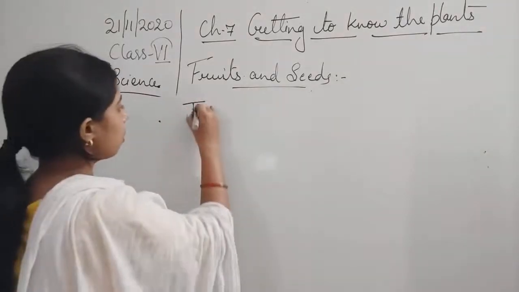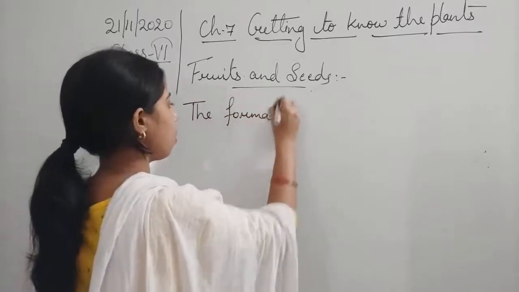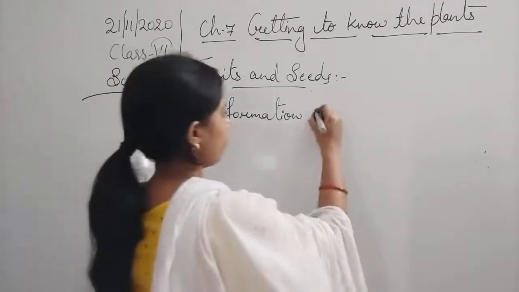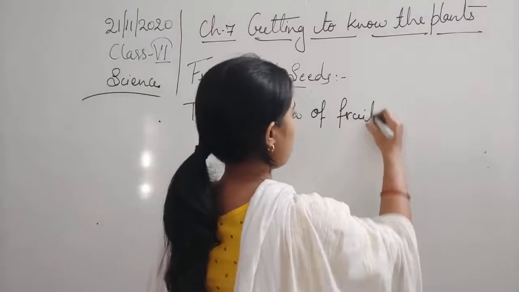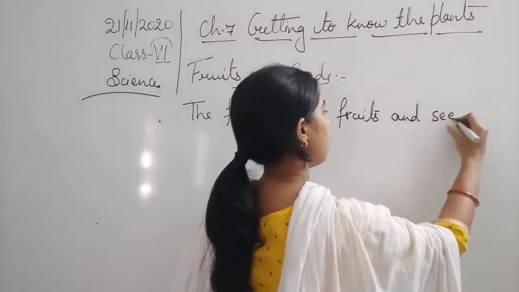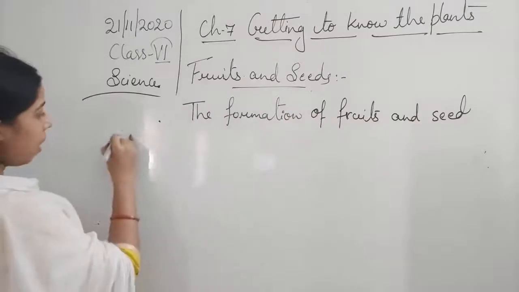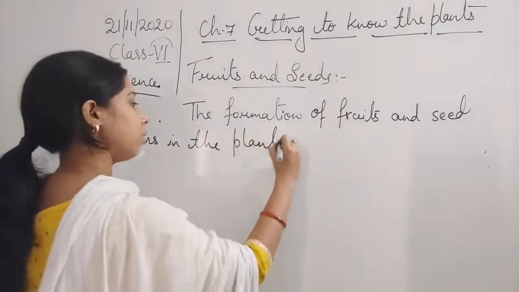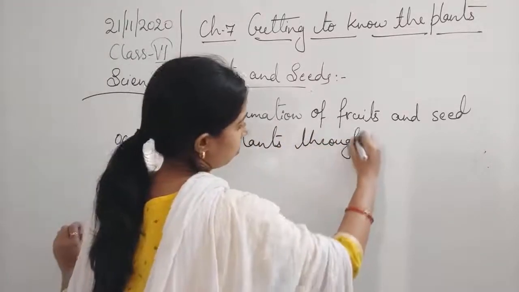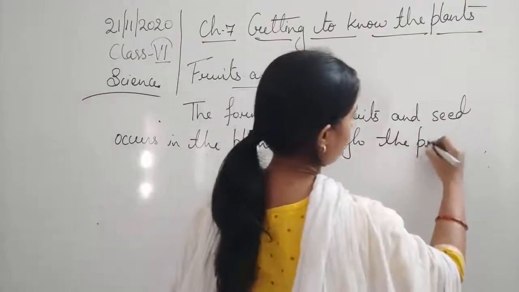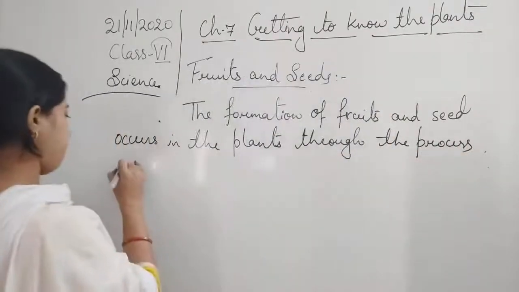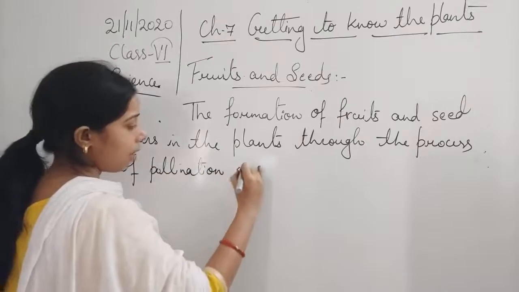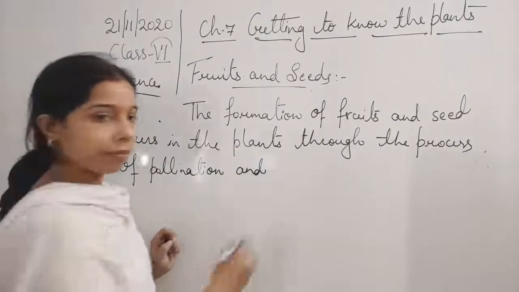The formation of fruit and seed occurs in the plant through the process of pollination and fertilization.